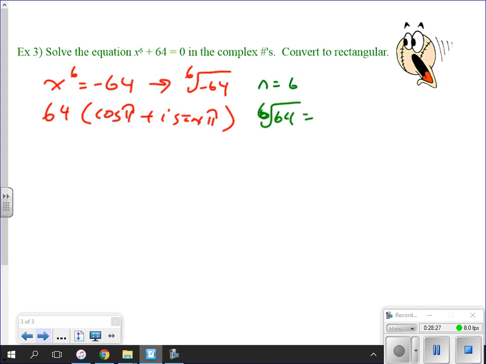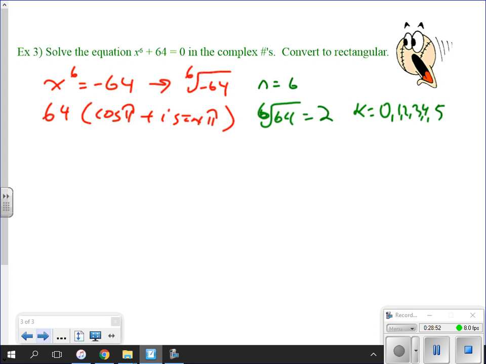What's the 6th root of 64? 2. And what are my values of k? 0, 1, 2, 3, 4, 5. 0 through 5, because you have to have 0. 0 is the easy one.